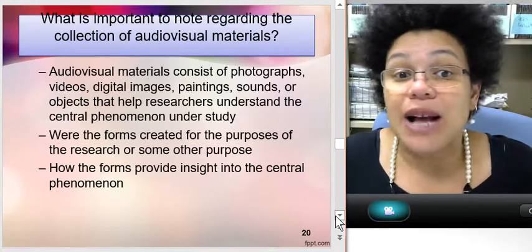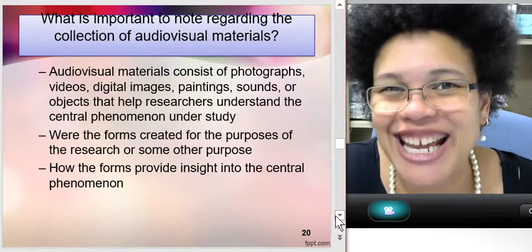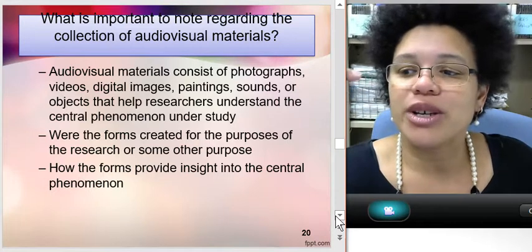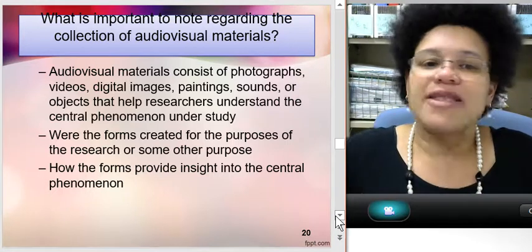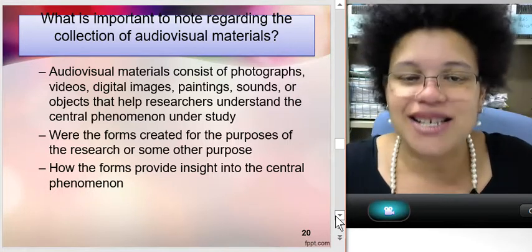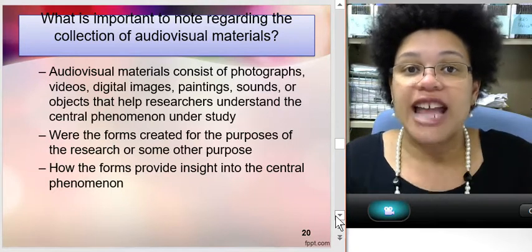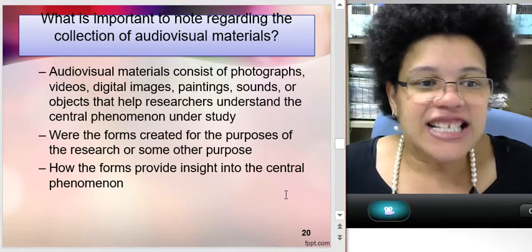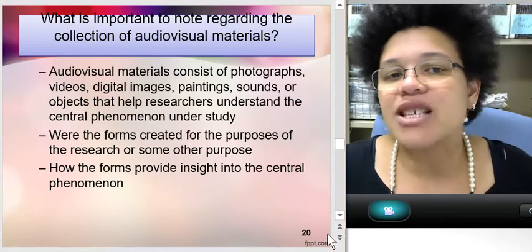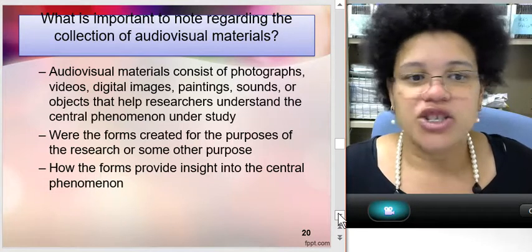For example, I might look at the marketing materials that a school puts out, and I'm going to interpret what's in those materials knowing that they were designed to sell viewers on how great the school was. And how do these forms provide insight into whatever your central phenomena is that you're studying?